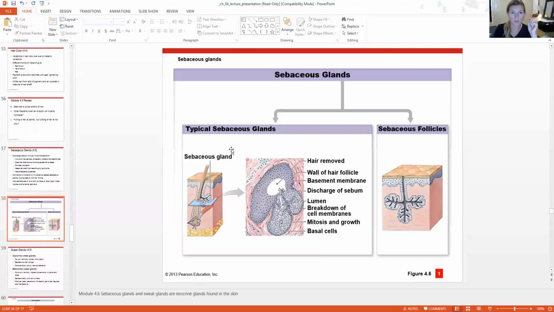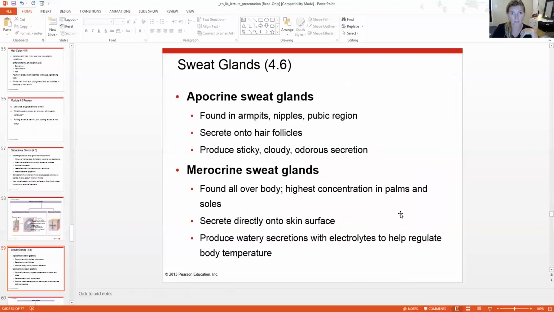So you have typical sebaceous glands and sebaceous follicles. A typical sebaceous gland is associated with a hair follicle, and then there are other sebaceous follicles that, as I said, are on your face, on your back, different areas of your body. They might not necessarily be associated with hair.